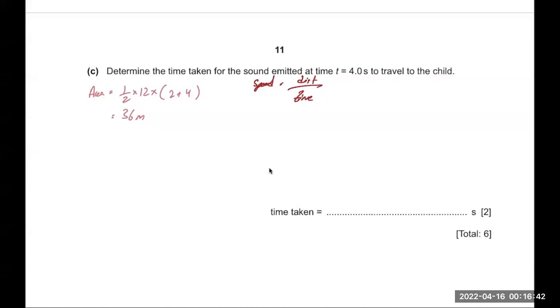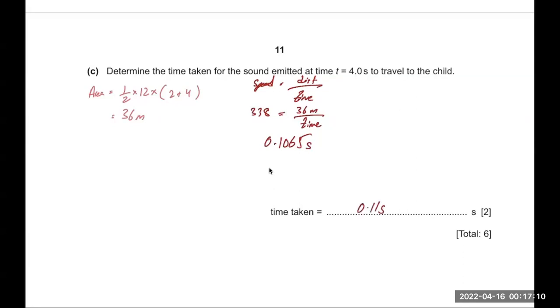The speed with which sound travels is 338 in this question. The distance we just calculated is 36 meters over time, which is an unknown here. This is equal to 0.1065, which is equal to 0.11 seconds.